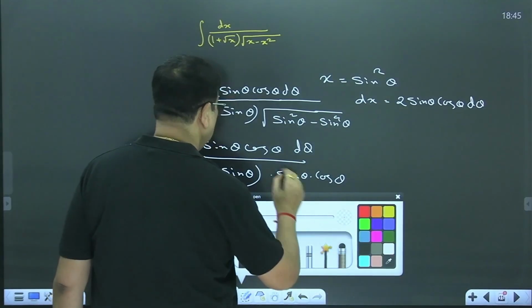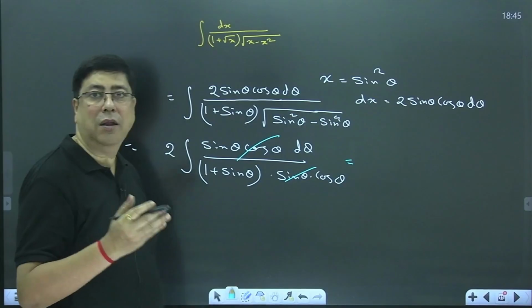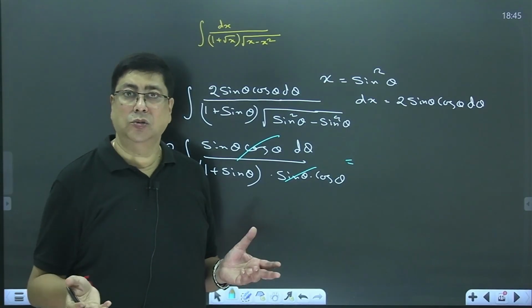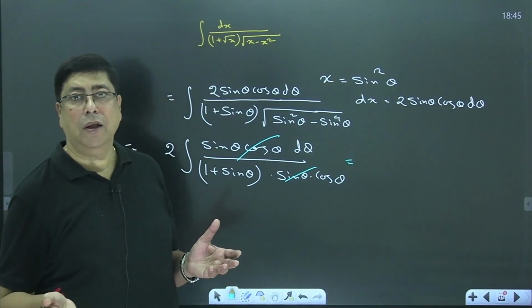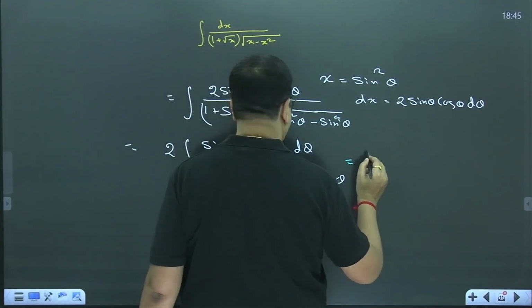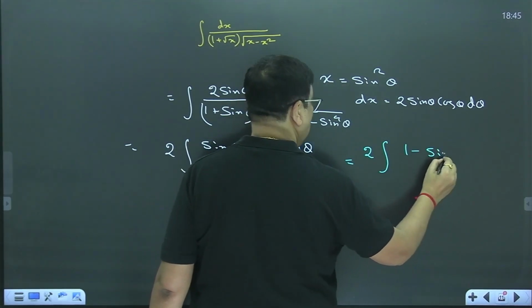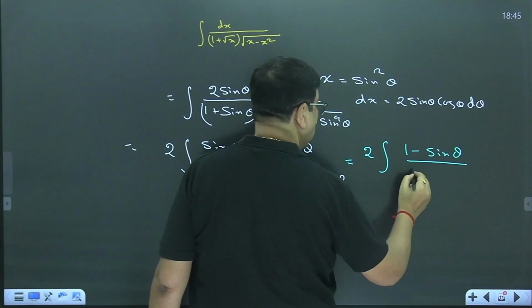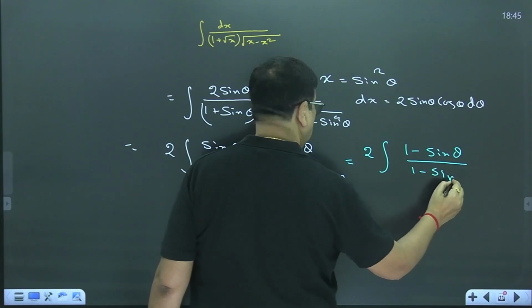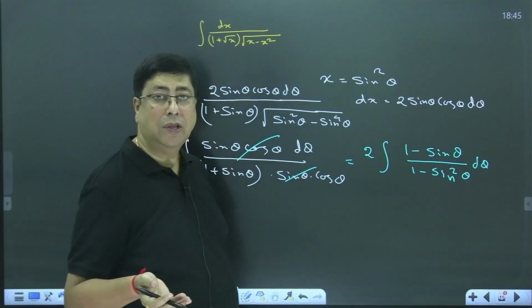Therefore I can write here sine theta cos theta cancel. So 1 plus sine theta, I can multiply. There are a lot of ways to solve the sum. I can multiply 1 minus sine theta in the numerator and denominator. So we are getting 2, numerator 1 minus sine theta, denominator 1 minus sine square theta, that is coming cos square theta.